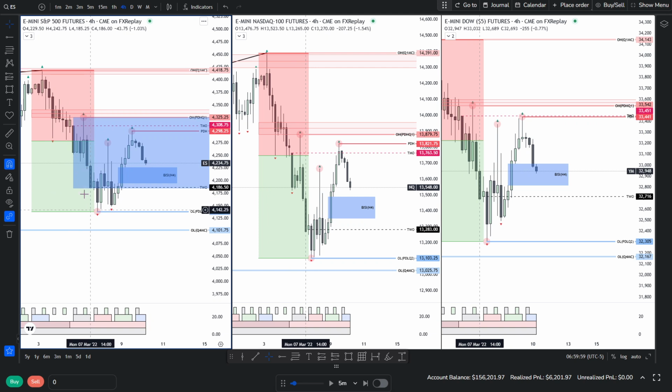So if we look at this range here, we can see that once this low had printed here, right, we can see that really the only fair value gap was here, which traded to. Let me just see, was that aligned?